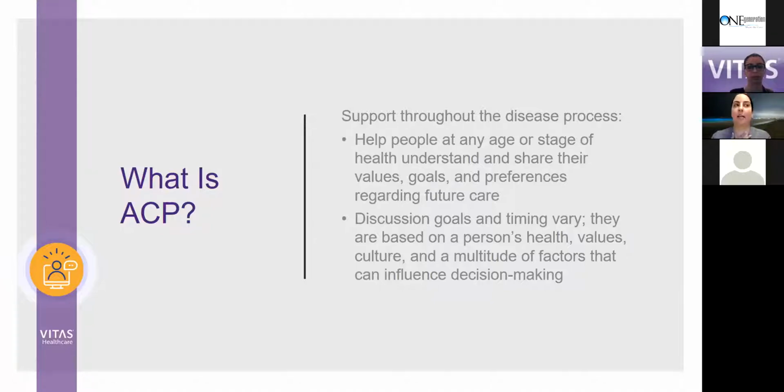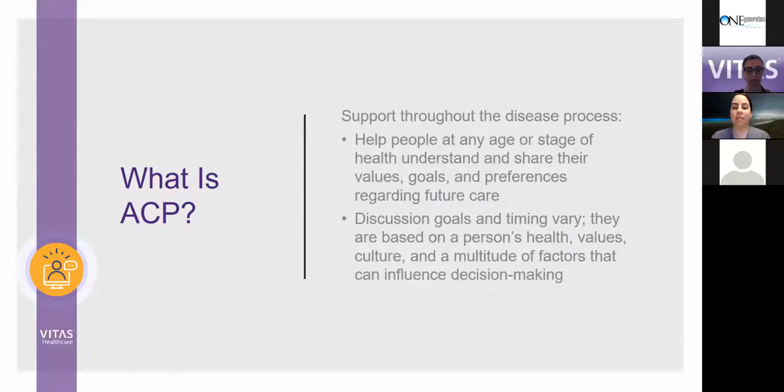I like to say that everyone over the age of 18 should have an advanced directive, or at least have had ongoing conversations, because while we oftentimes, and we'll talk about this more in upcoming slides, bring this up for patients who are gravely ill or experiencing the end of their disease process, any of us could have some kind of catastrophe happen tomorrow. So everyone really needs to have these conversations well in advance of having some kind of significant disease process.